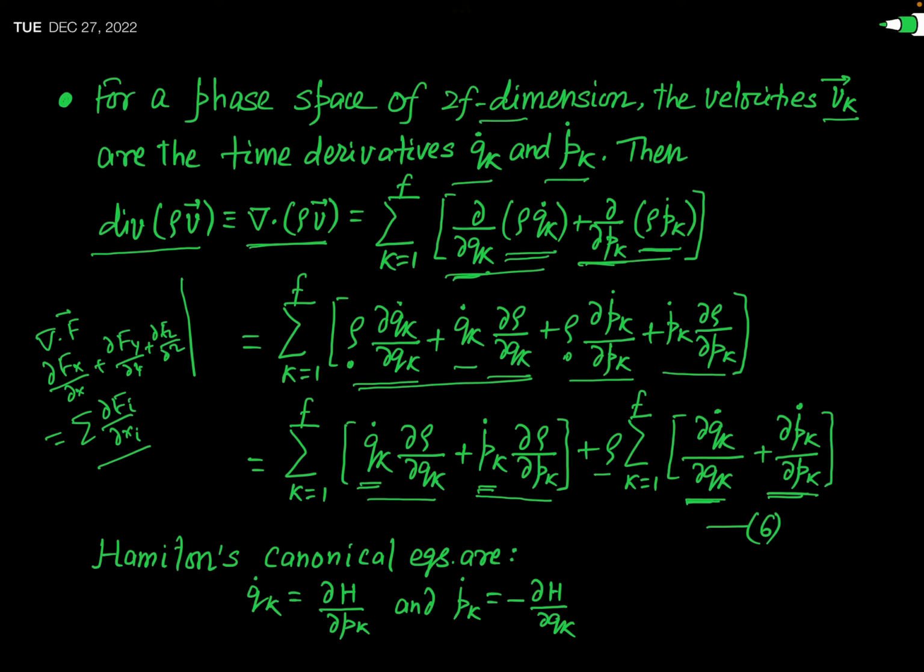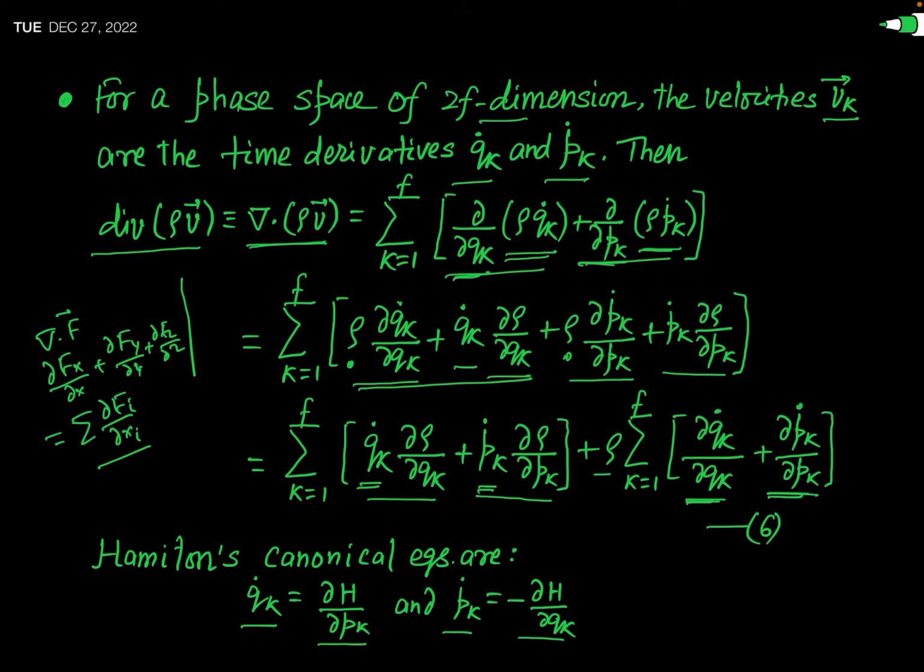You know these equations, I have already mentioned them earlier, but I am repeating the same thing here. Hamilton's canonical equations are qk dot equal to del h by del pk and pk dot equal to minus del h by del qk. Okay.